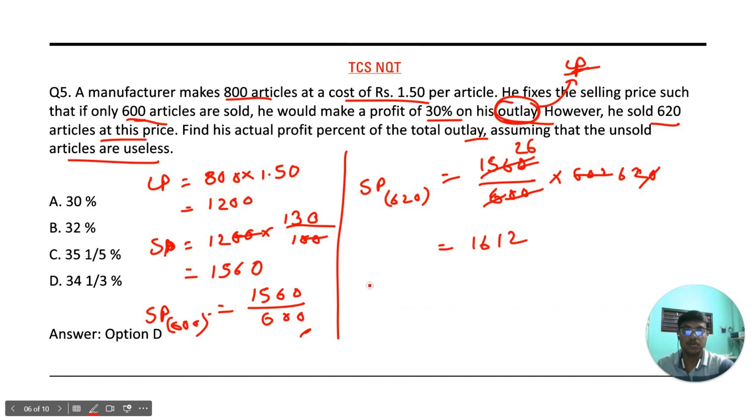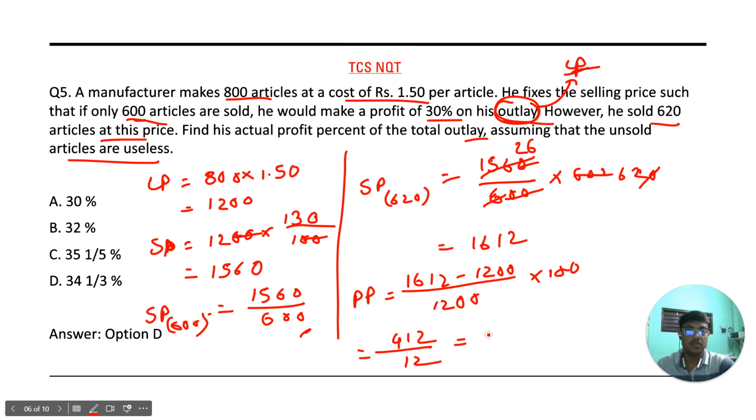1612. So the profit percent would be equal to selling price 1612 minus 1200 by 1200 into 100, and this would be equal to 412 by 12, and that would be equal to 12 threes are 36, 36 4, 5 in hand 52, so 12 fours are 48, 4.